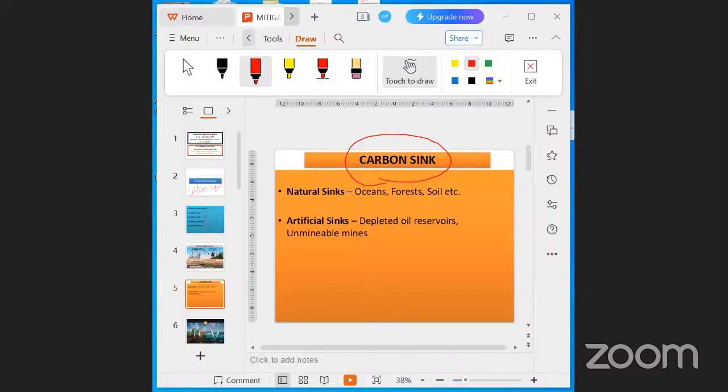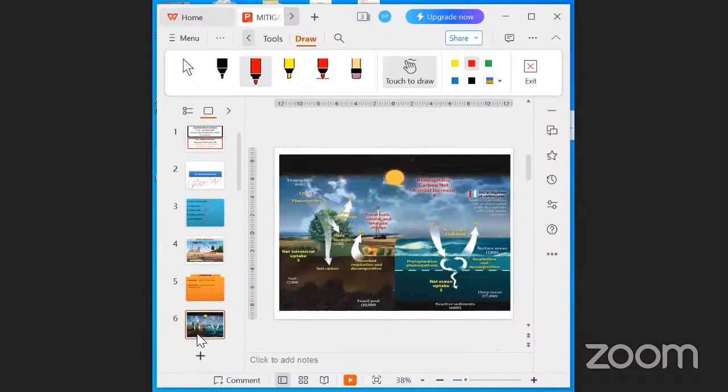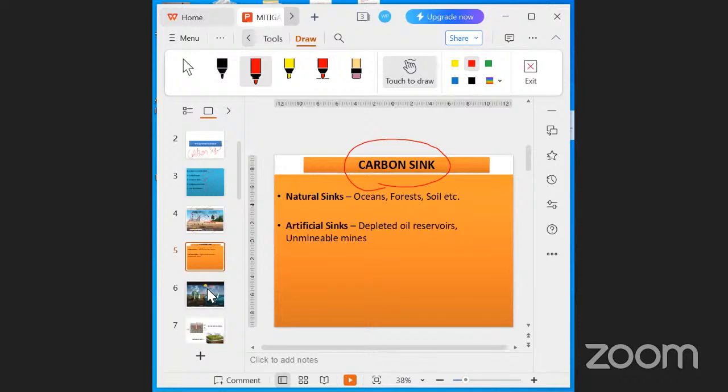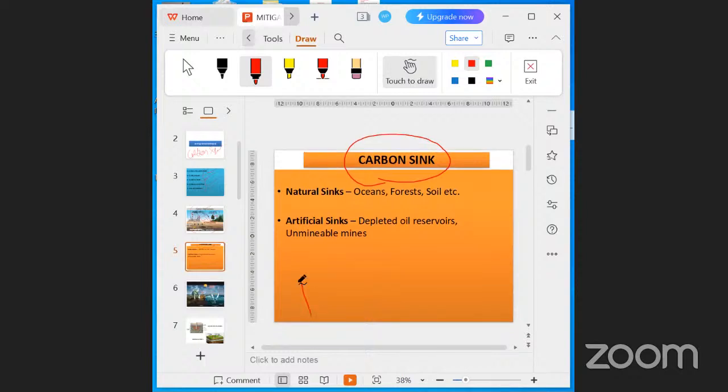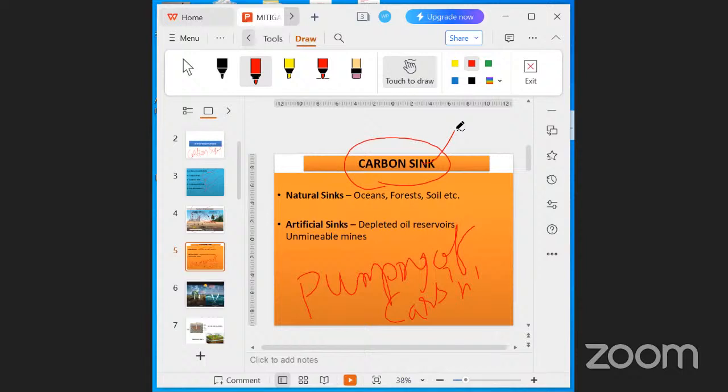So now what is a carbon sink? Carbon sink is nothing but the pumping of carbon into sinks, okay?